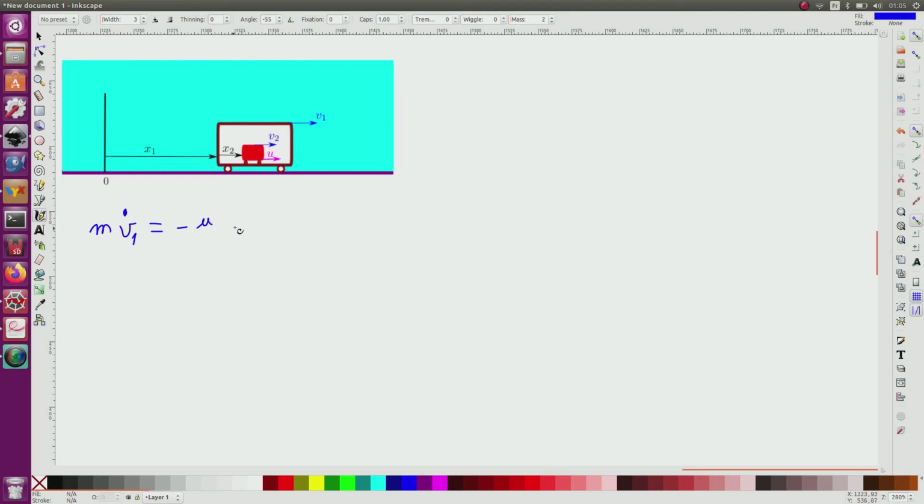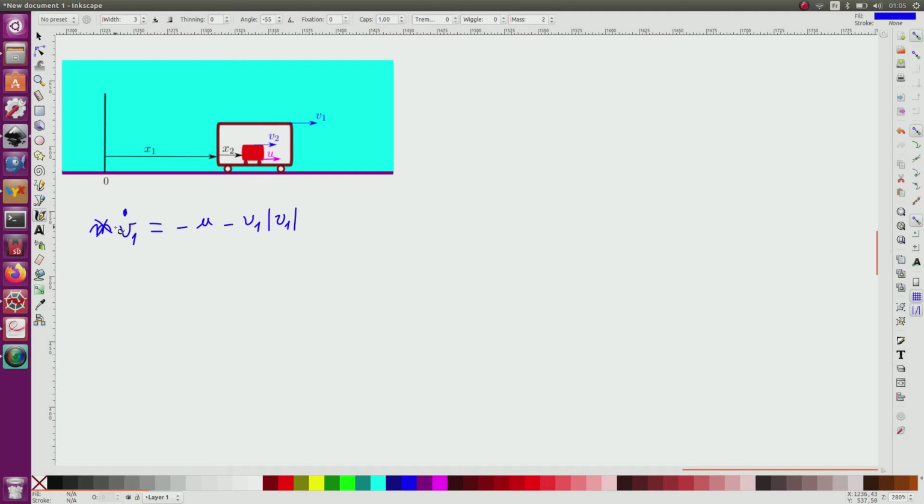This is why I have a minus. Minus the speed, so V1 times the absolute value of V1, due to the fact that it is an algebraic square. This can be negative. The mass will be taken as 1. This is why I remove it.